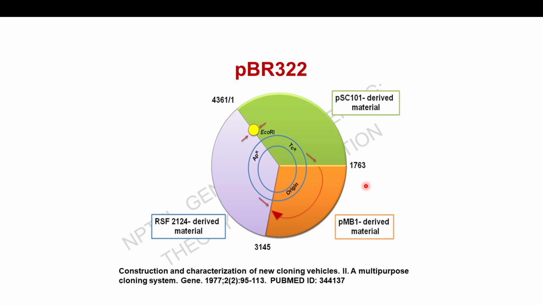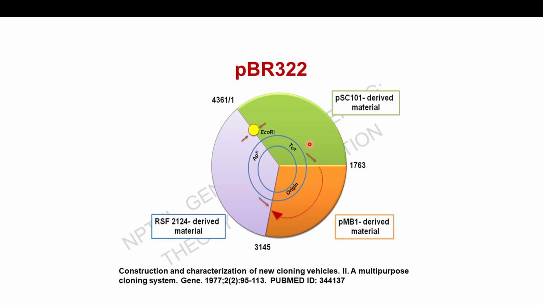Now, pBR322 was one of the first recombinant plasmids to be created. See here, this has a specific site for EcoRI restriction digestion, and this is its origin of replication. This is the simplest form of recombinant plasmid that was created, and it had a tetracycline resistance gene here, represented by TcR, and an ampicillin resistance gene here, represented by ApR.